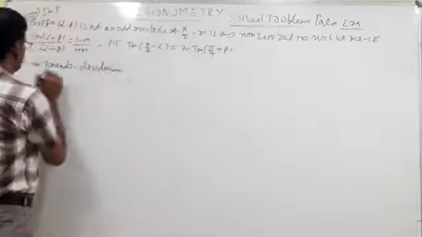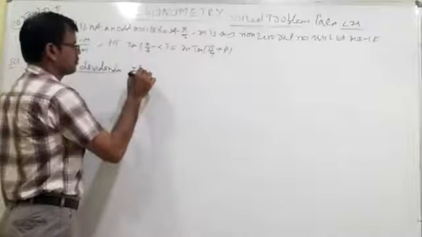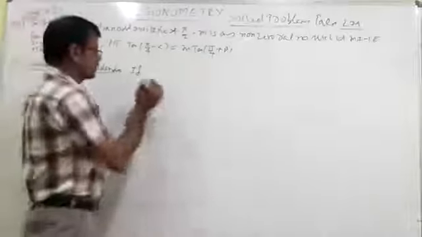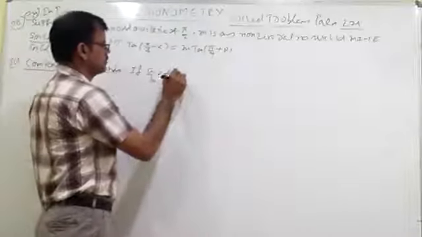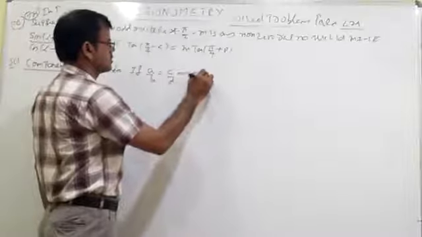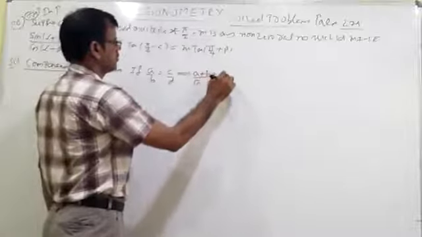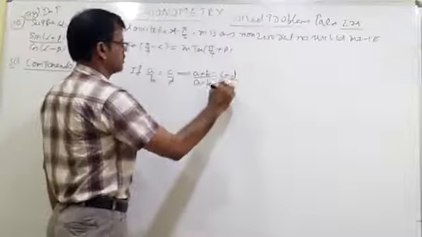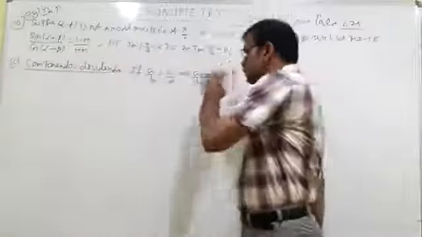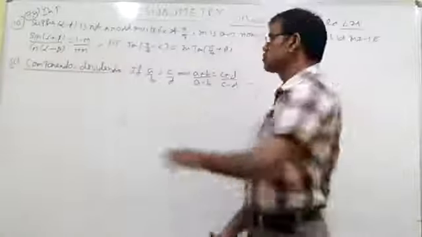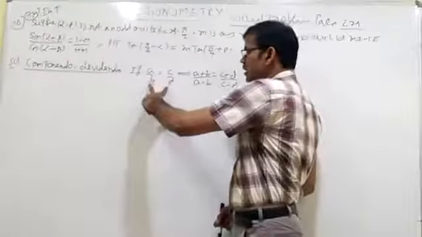The concept of componendo and dividendo is: if A by B is equal to C by D, that implies A plus B by A minus B is equal to C plus D by C minus D.